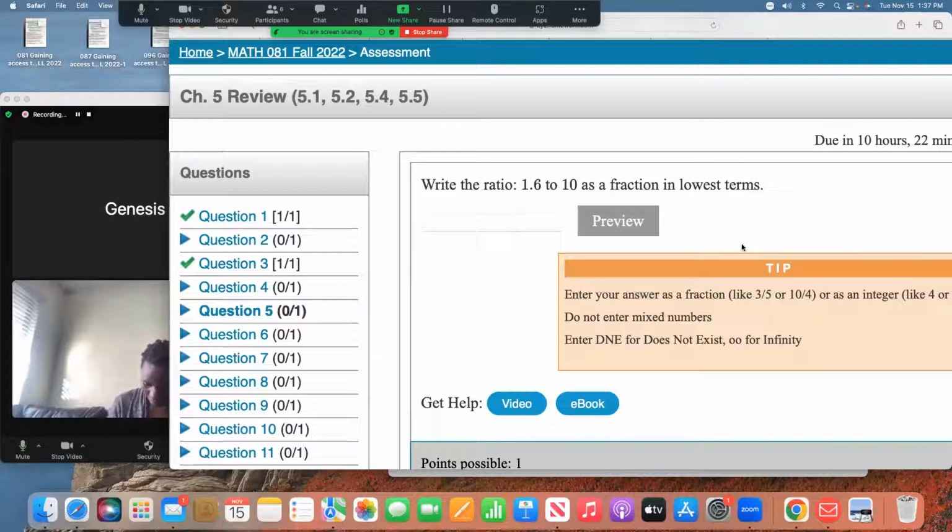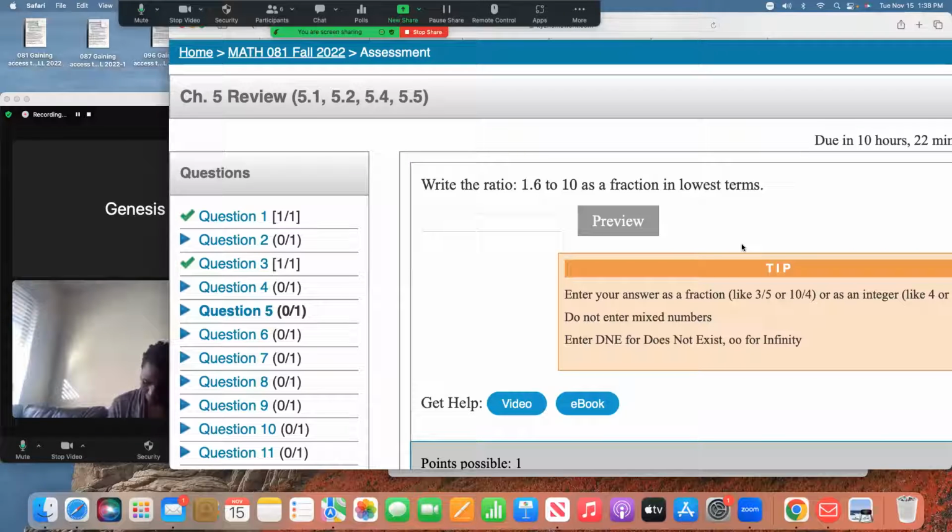So if I multiply the 1.6 by 10, I get 16. I do the same with 10. I move it over one place, and I have to add a 0. And so the problem becomes 16 over 100.